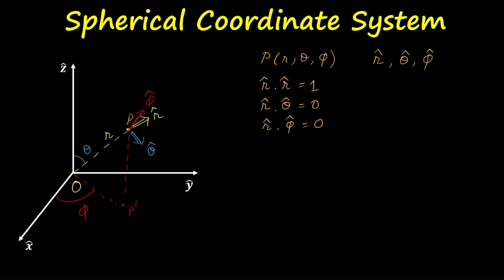Now, let us try to find the relation between the spherical coordinate system and the Cartesian coordinate system. If we have x, y, and z in the Cartesian coordinate system, and we have r, theta, and phi, and let's say in both coordinate systems we have the same point P, how do we convert from one form to another?